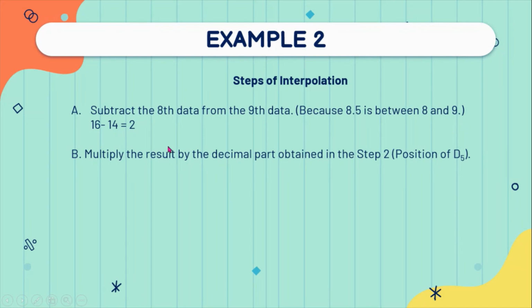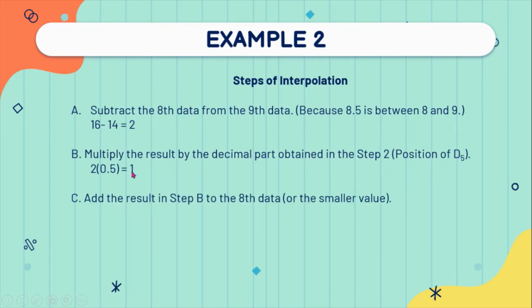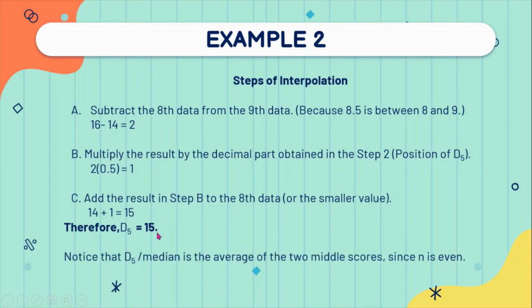Then multiply the result, this 2, by the decimal part obtained in step 2, which is 0.5. So 2 times 0.5 is equal to 1. And for the last step, add the result in step B, this 1, to the 8th data or the smaller value, 14. So 14 plus 1 is equal to 15. Therefore, our fifth decile is equal to 15.